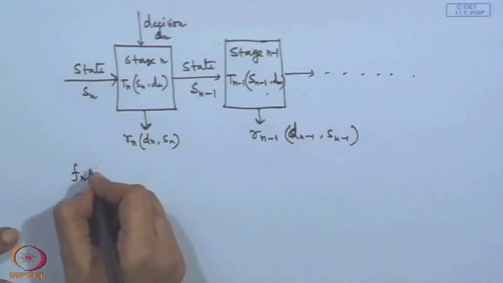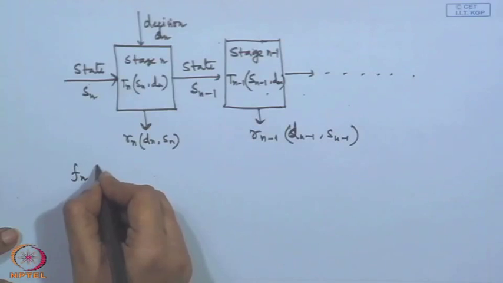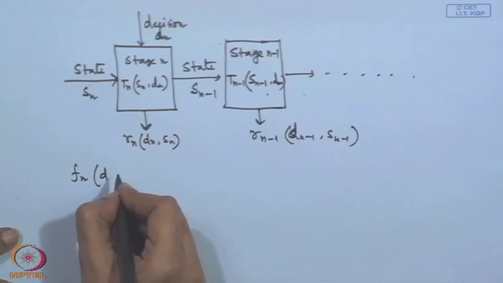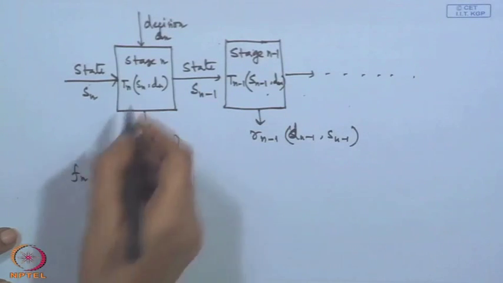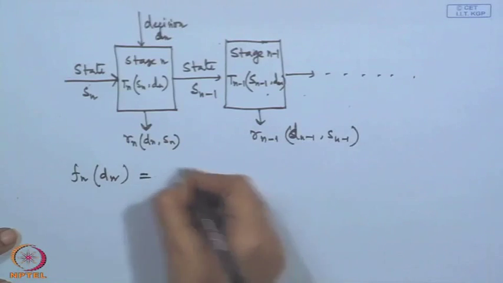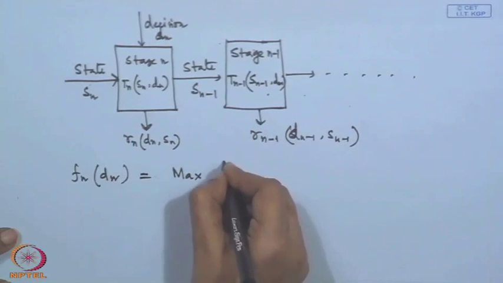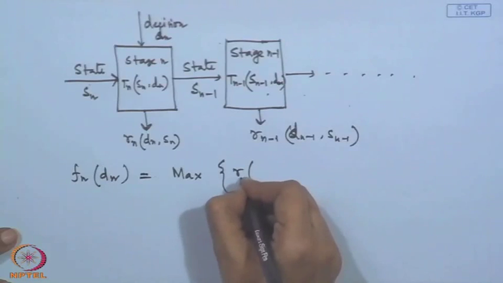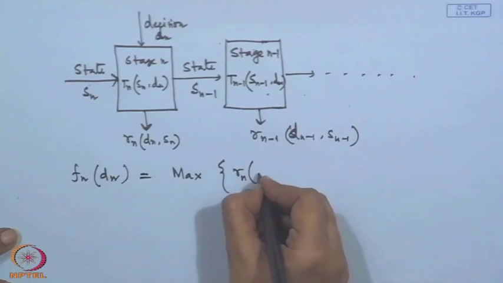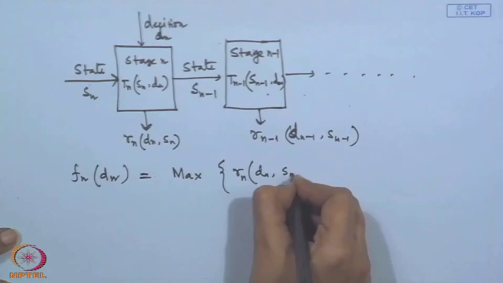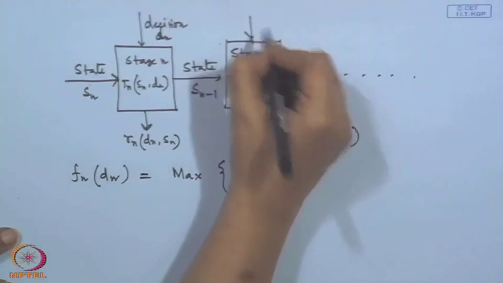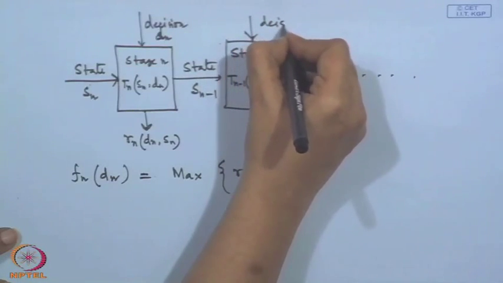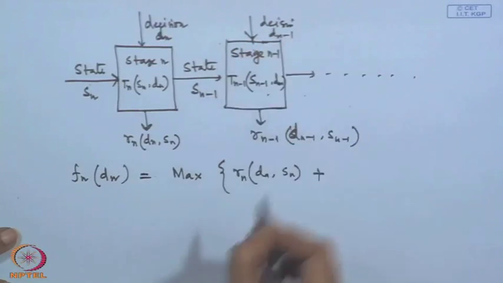And if I just want to write in mathematical notation whatever I have done in this figure, then we have to write down the objective functional value in the nth stage, which is equal to maximization of the return of individual stages plus, if I consider this stage, here is an input decision Dn minus 1.